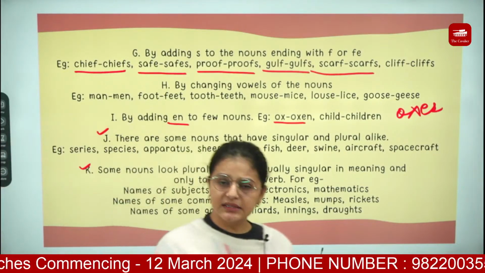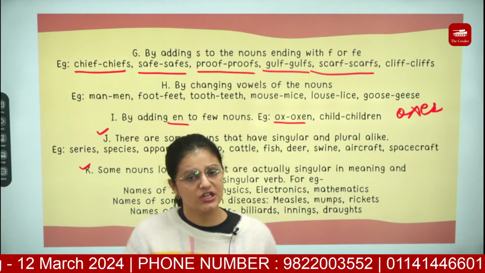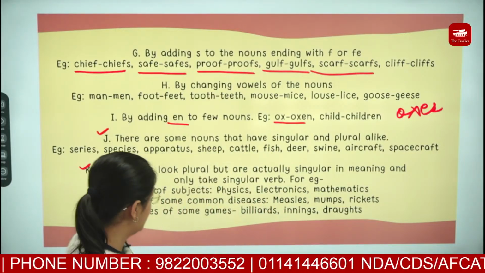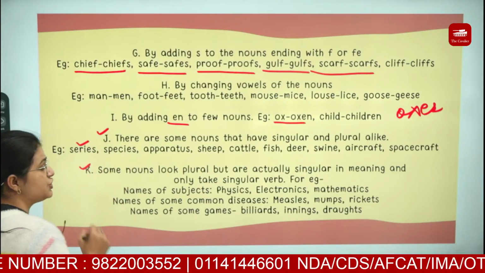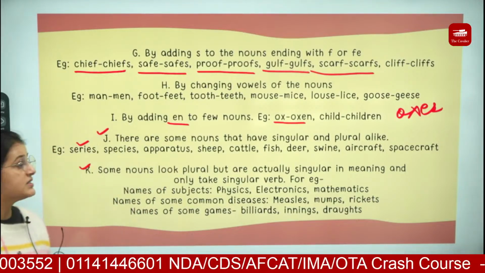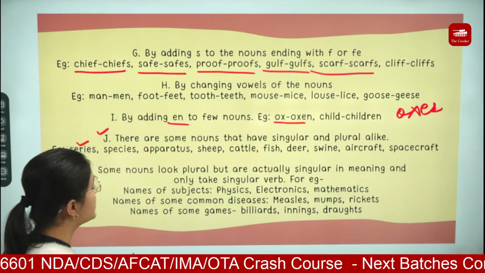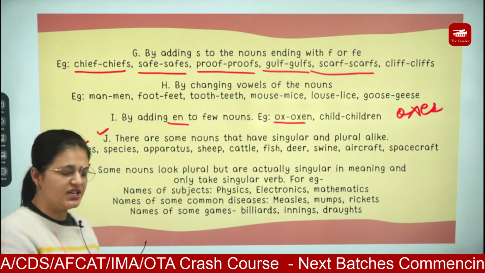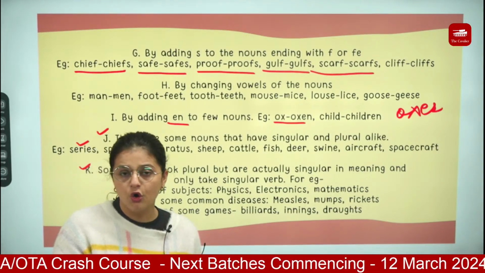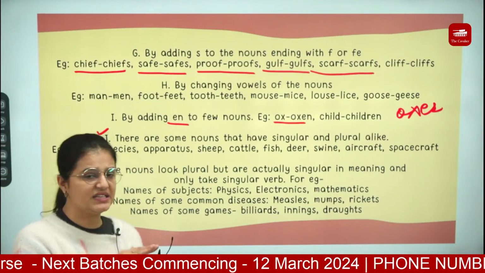There are certain nouns जो singular और plural के लिए same use होते हैं, जिनके अंदर हम कोई भी change नहीं करते हैं. फॉर एग्जाम्पल, series, species, apparatus, sheep, cattle, fish, deer, swine, aircraft, spacecraft. We are not going to change these in plural. These are the type of words जो singular और plural के लिए ऐसे ही यूज हो जाते हैं.